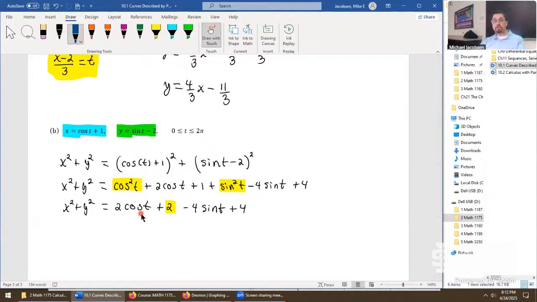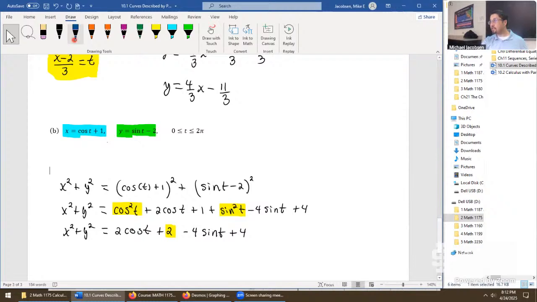We have 2 cosine t plus 2. But that's good, that's just a 2x. Let's write that in. If x is cosine t plus 1, then 2x is 2 cosine t plus 2. So we have something we can throw in just right here already. That's just a 2x.